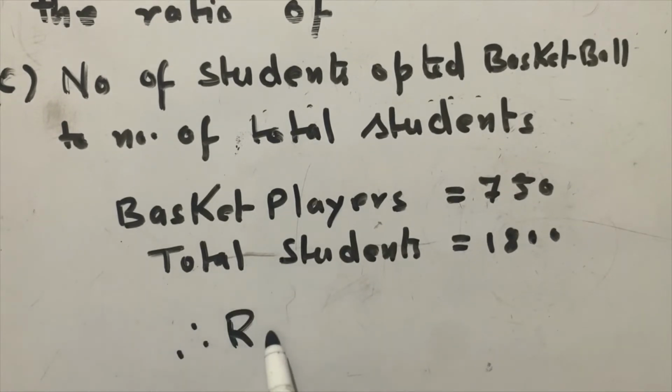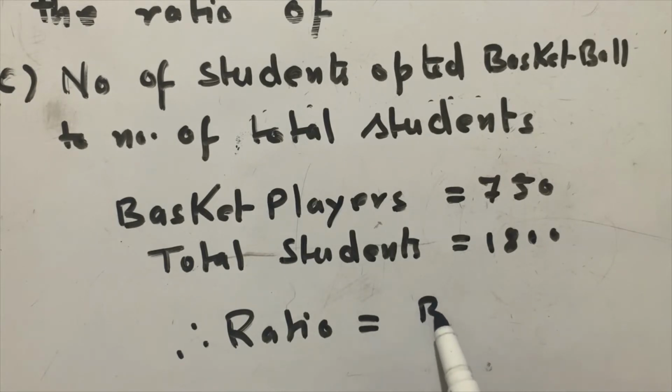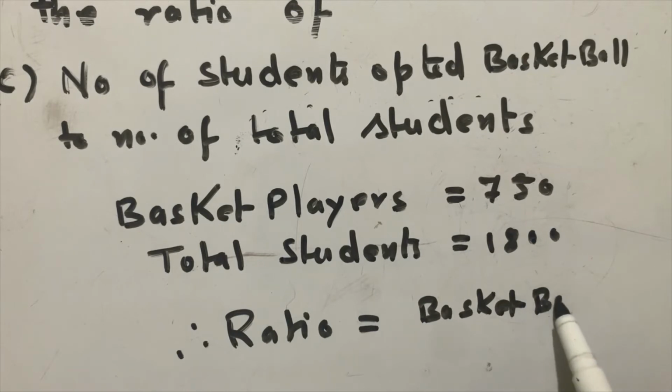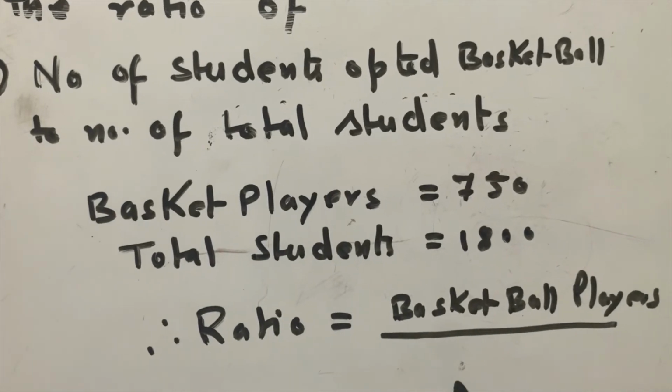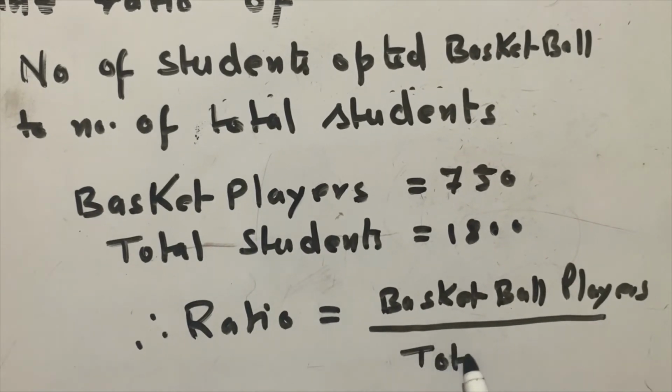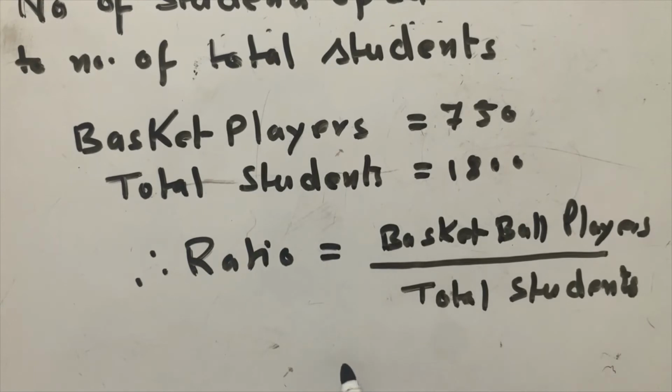We have to find the ratio between students opted basketball to total students. Therefore ratio of basketball players to total students: basketball players are 750 and total students are 1800.